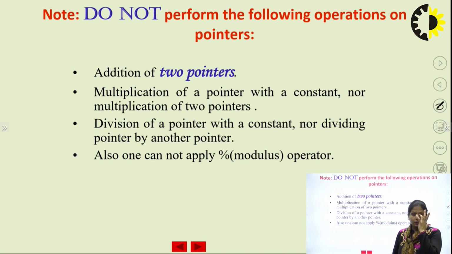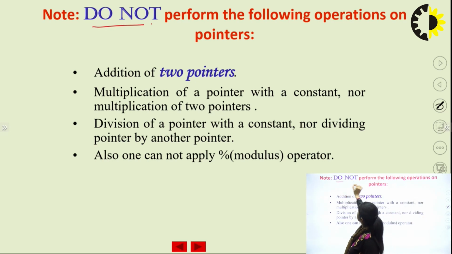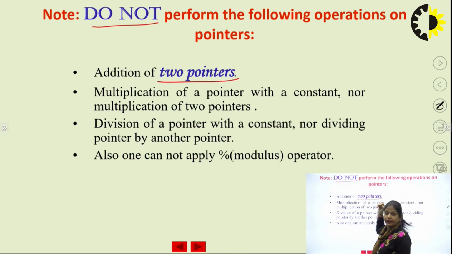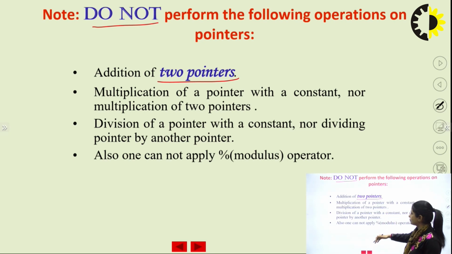Here is something which is very important to note. Do not perform the following operations on pointers. Number 1, addition of 2 pointers, because a pointer holds the address of a variable. So, adding 2 addresses does not make any sense. Maybe it is not even available.